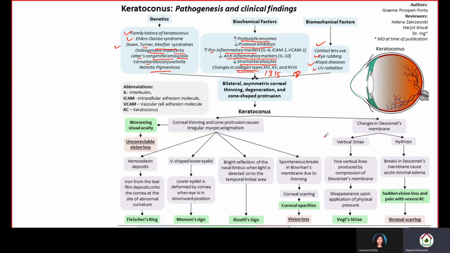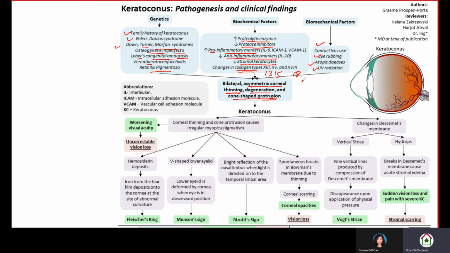Okay. So next, you see bilateral asymmetric corneal thinning occurs. When corneal thinning occurs, there will be degeneration and cone-shaped protrusion.